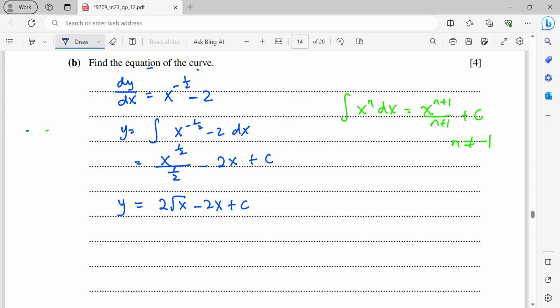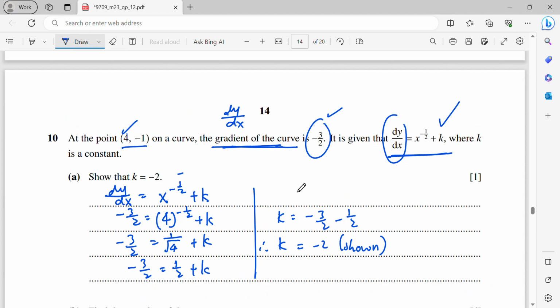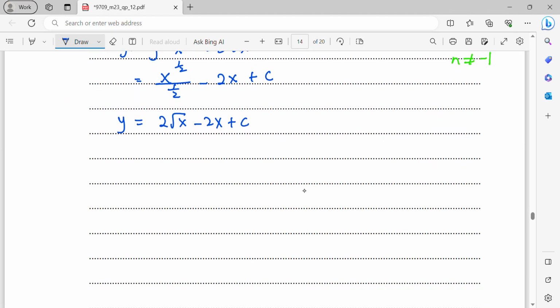But we cannot allow the answer in terms of c. The c can be found by replacing the coordinates of the point on the curve, which is (4, minus 1). So at (4, minus 1), the x is 4 and the y is minus 1. So now I will get minus 1 equals 2 square root 4 minus 2 times 4 plus c.